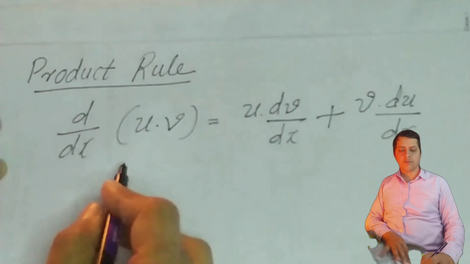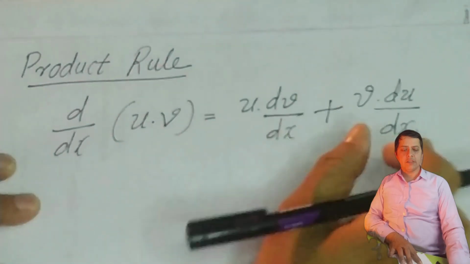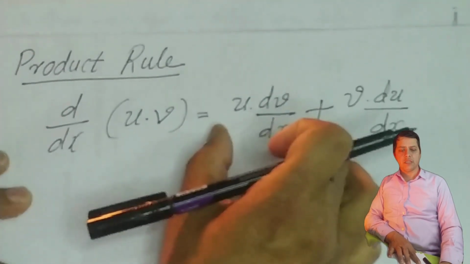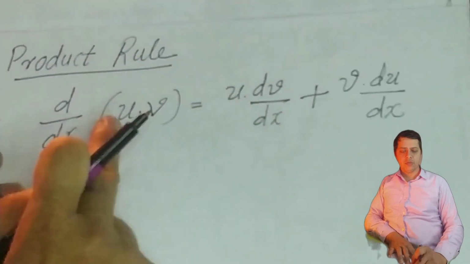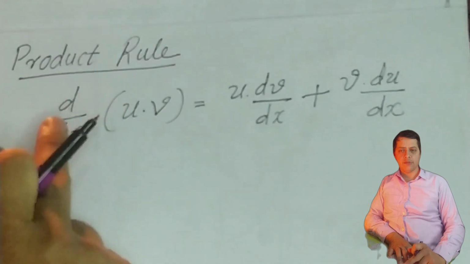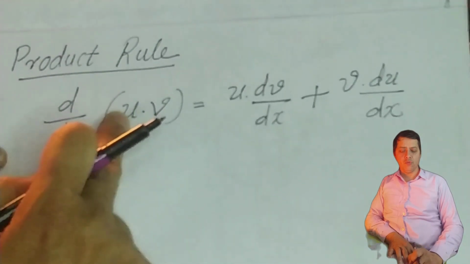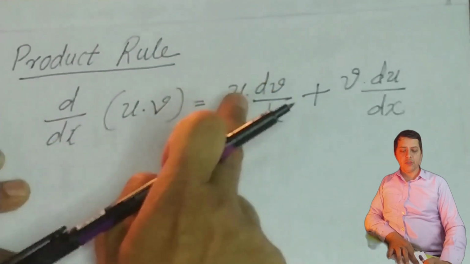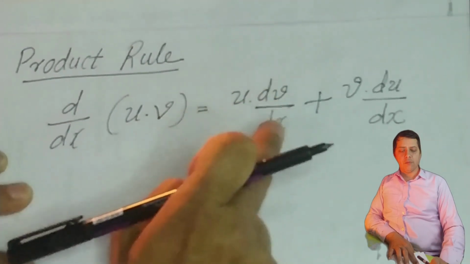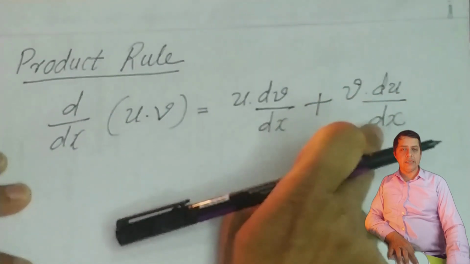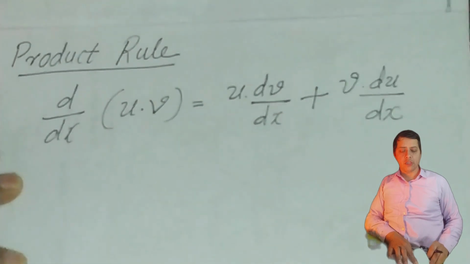So this is called product rule, my friends. You can write this first or that first, it doesn't make any difference. The product of u and v is nothing but u dv by dx plus v du by dx.